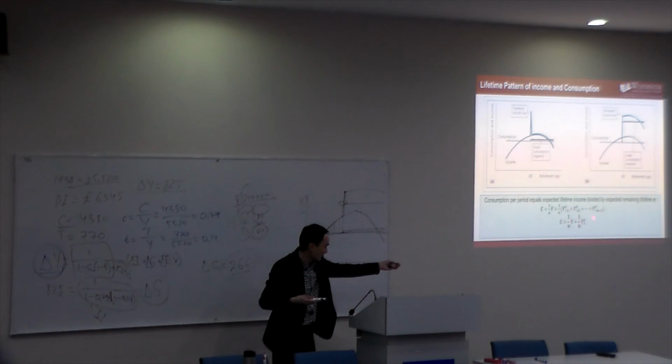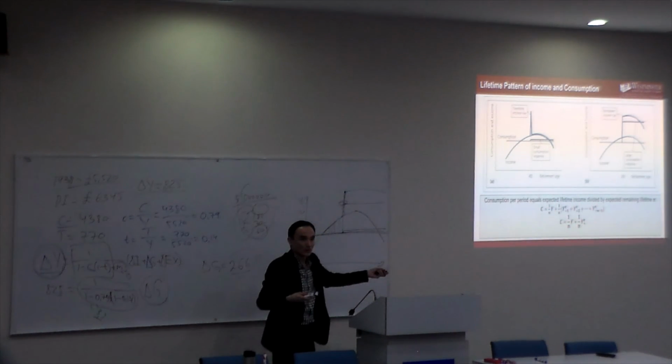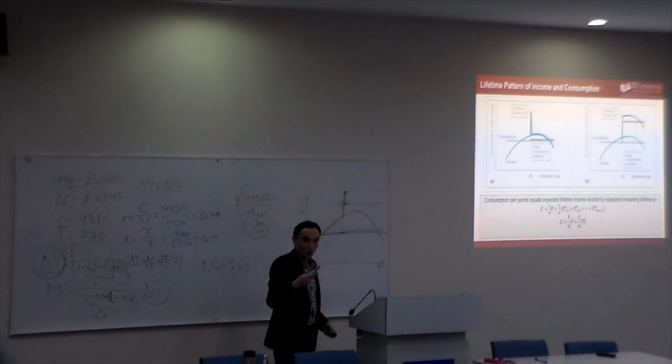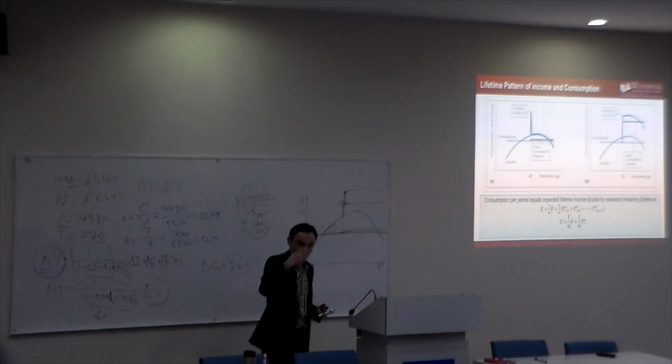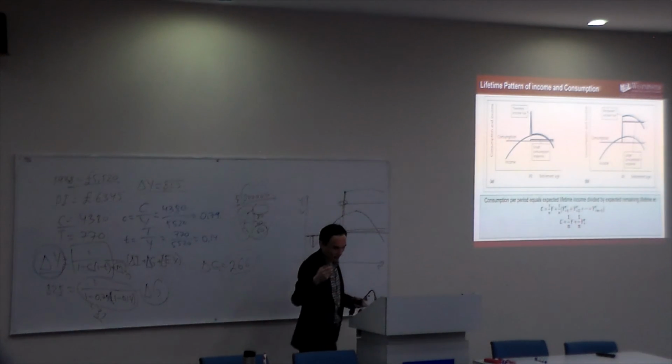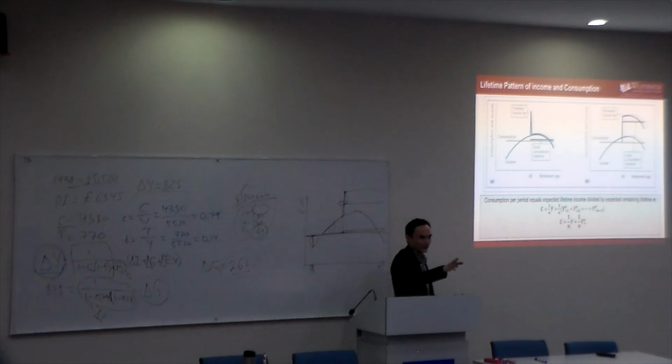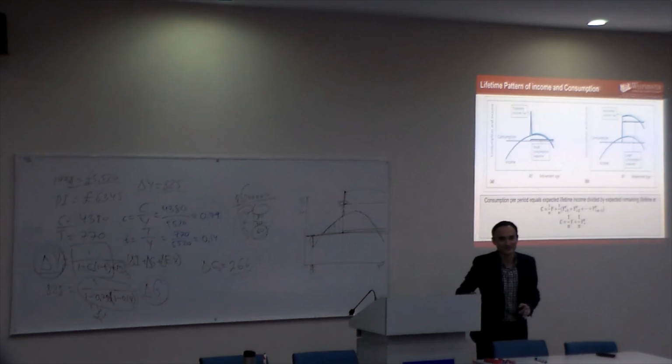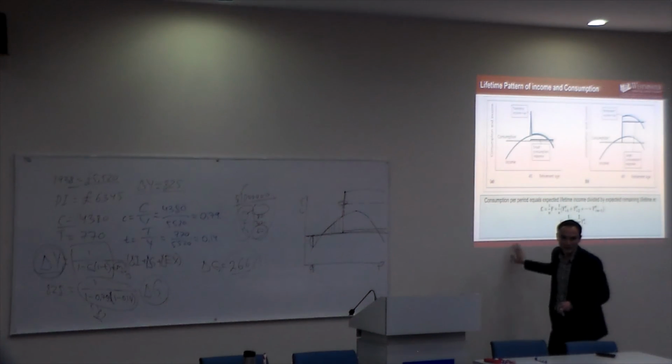Or before you go to work and travel, you may be consuming more because you expect you will be earning more in the US. Even if you are borrowing that money, there's no problem, after 3 months I'll pay you back. This really affects consumption.